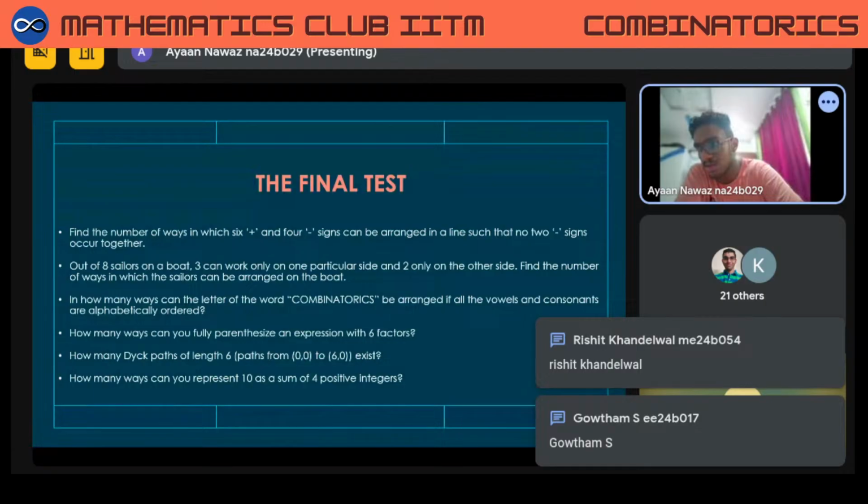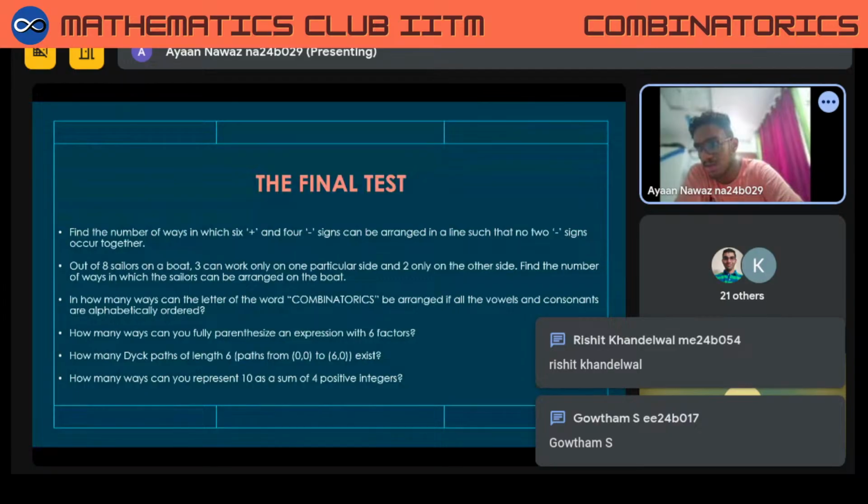The question is, find the number of ways in which 6 plus and 4 minus signs can be arranged in a line such that no two minus signs occur together. Let us see if anyone answered this question. Excellent, 7C4.